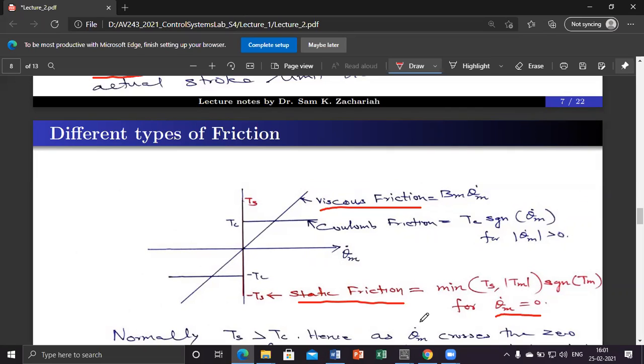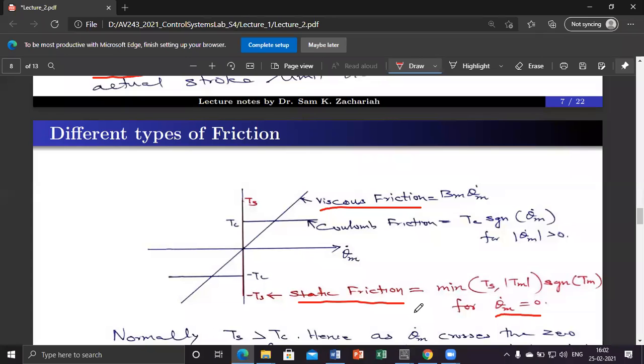Whatever pulling force you apply on the table before it starts moving is counterbalanced by the stiction or static friction.